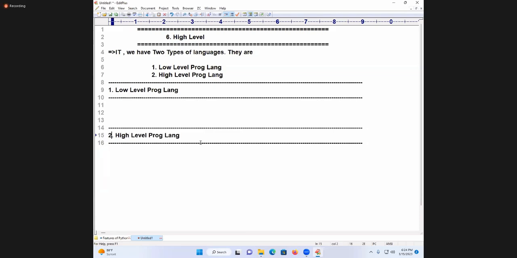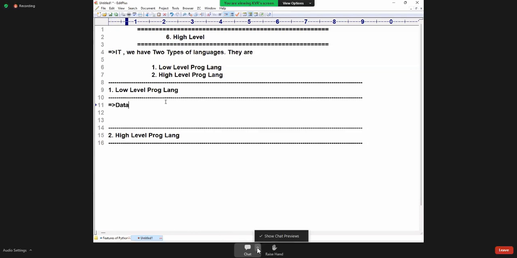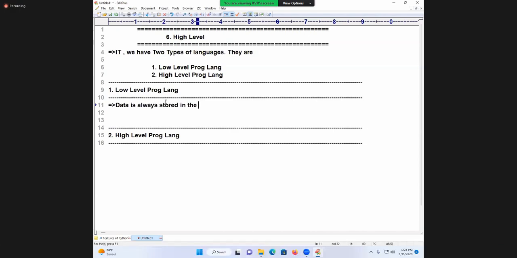Second one: I'm going to discuss one important point here. In the low level programming language, data is always represented, always stored, in a particular form.